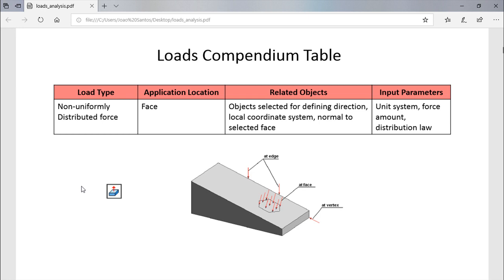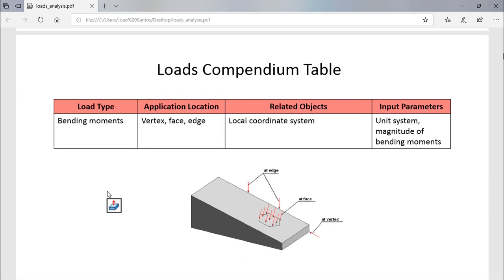If you see in these three first ones, the icon is always the same, because when we go inside force, we have several types of loads that we can apply depending on the parameters that we choose. So we have also under the same icon bending moments.